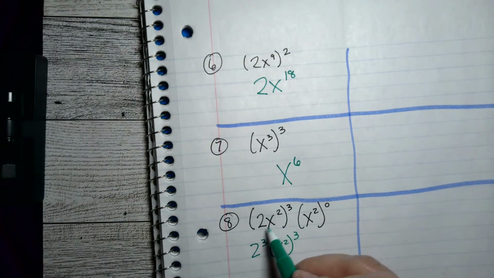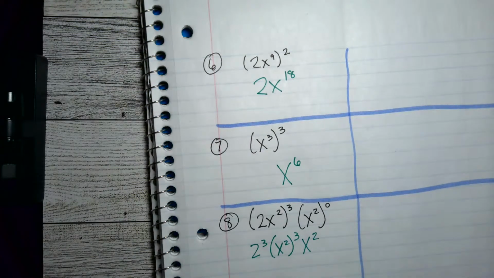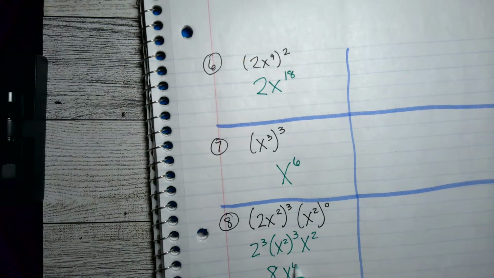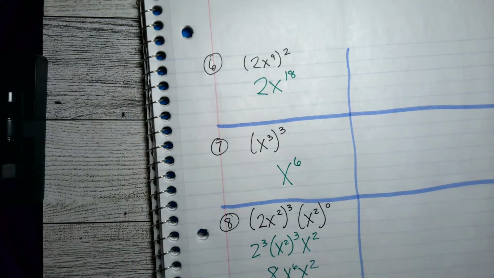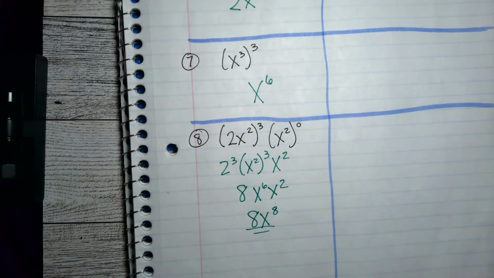So it looks like she just brought that power in, and then she put x squared. Then from here, she multiplied that out to get 8 x squared, x to the 6, x squared, and her final answer was 8x to the 8th. So is that correct? Or did she make a mistake somewhere?